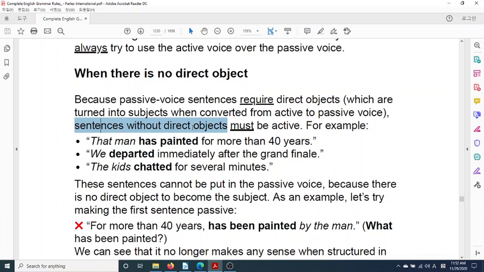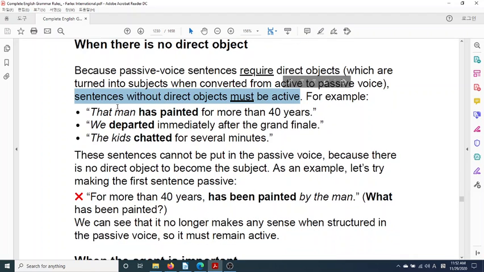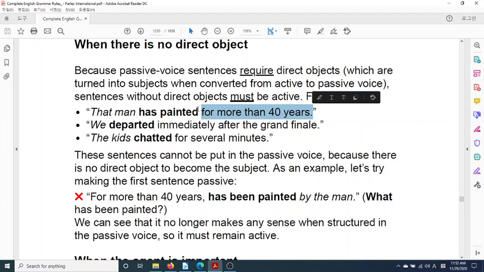Sentences without direct objects must be active. For instance, that man, subject, has painted, verb, for more than 40 years. Right? There's no direct object. He painted paintings, right? That's omitted. But you can tell from the structure, from the context, what he was painting.